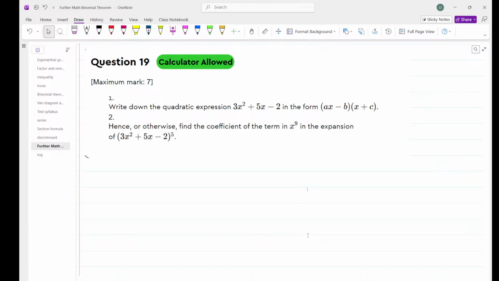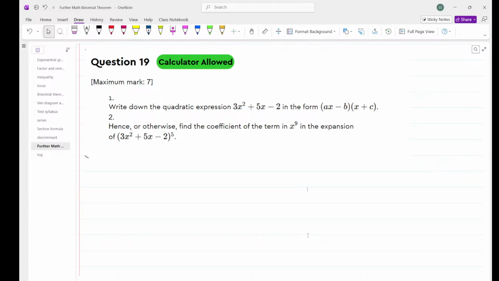Expansion. Okay. So here's the power of 5.